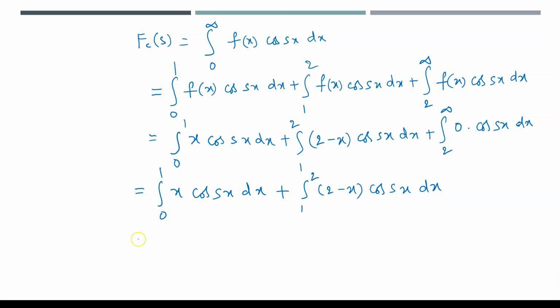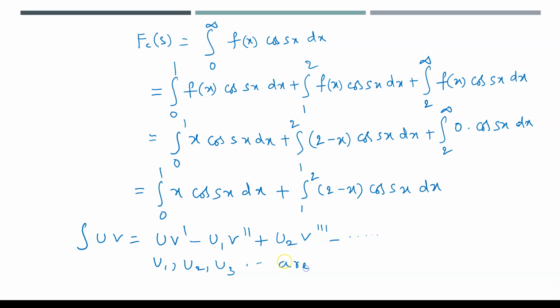Here we have to apply the UV rule. So integral UV equals UV1 minus U1V2 plus U2V3 minus and so on. Here U1, U2, U3 and so on are derivatives, and V1, V2, V3 and so on are integrals.